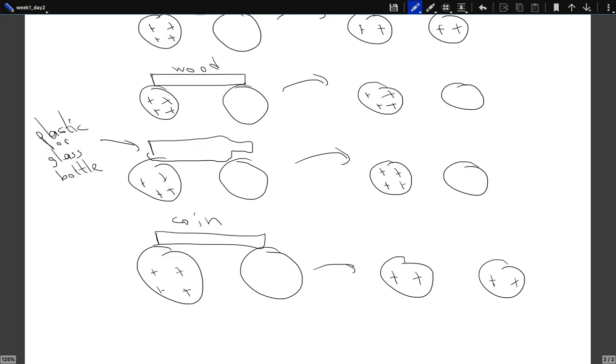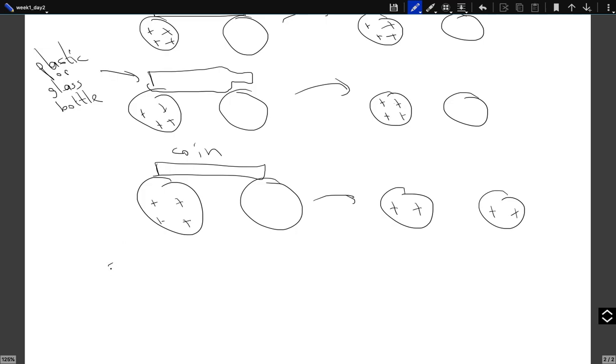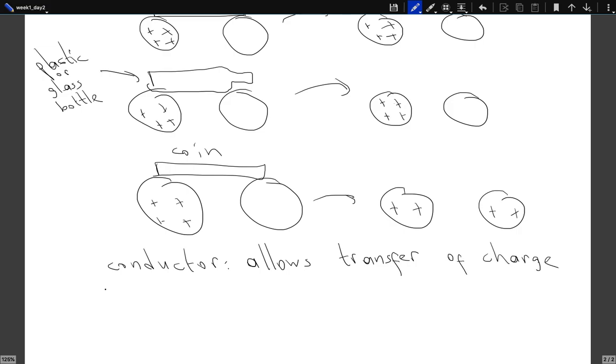And you realize that you can classify objects, any object, as either a conductor, which allows transfer of charge, or an insulator, which does not allow the transfer of charge.